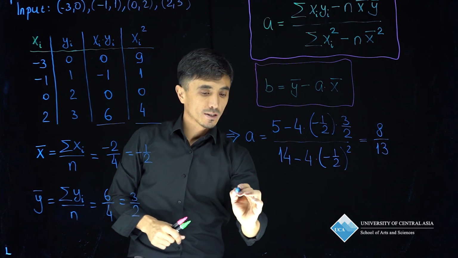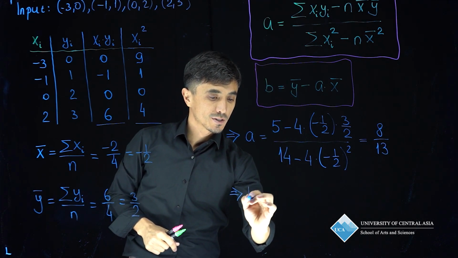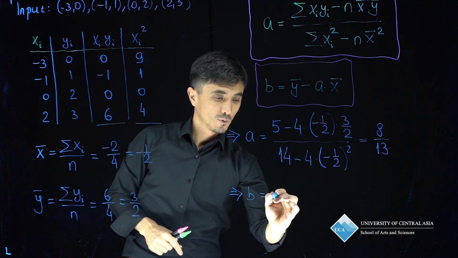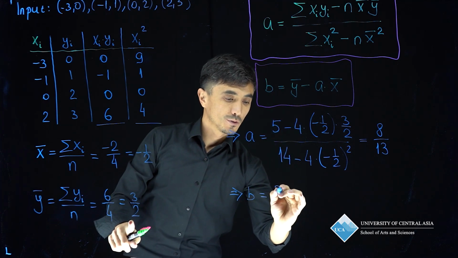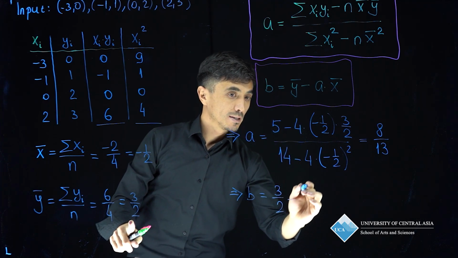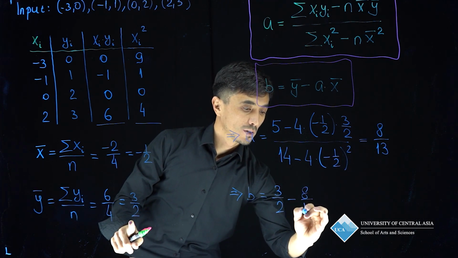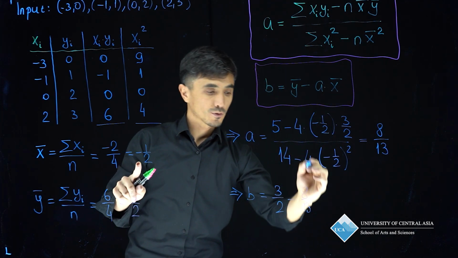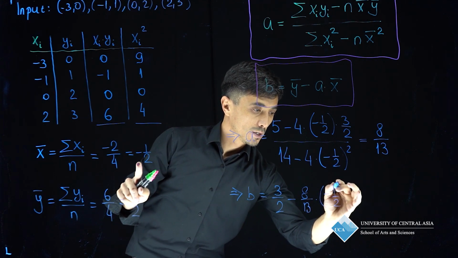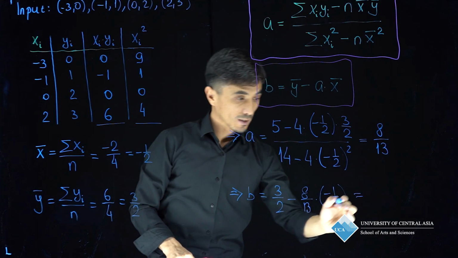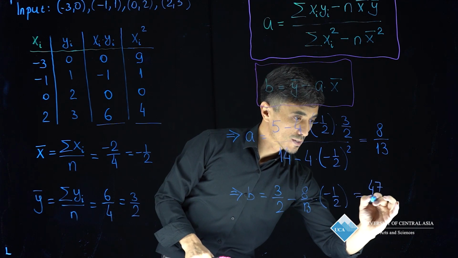And similarly, we can calculate b. b is going to be the average of y values, 3 over 2, minus a, which is 8 over 13, multiplied by the average of x values, -1 over 2. If you calculate it, you will obtain 47 over 26.